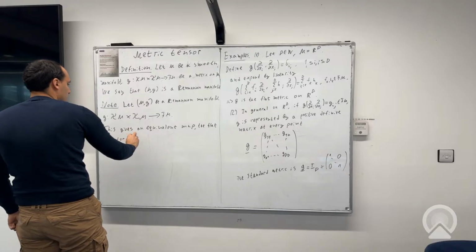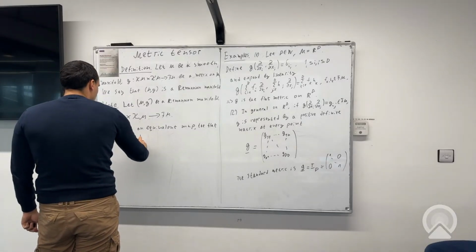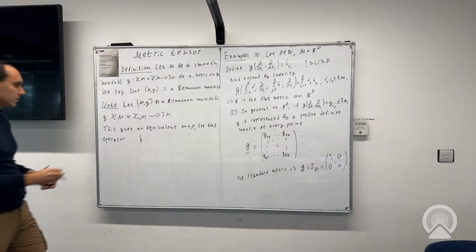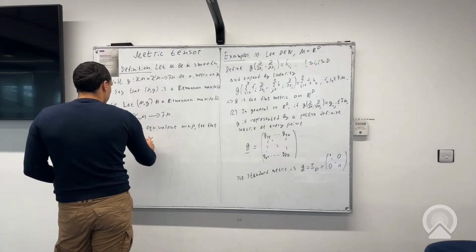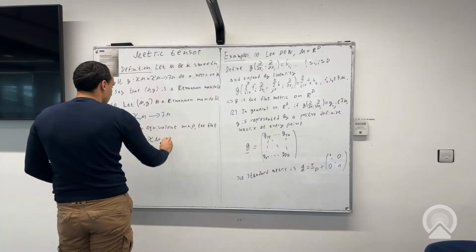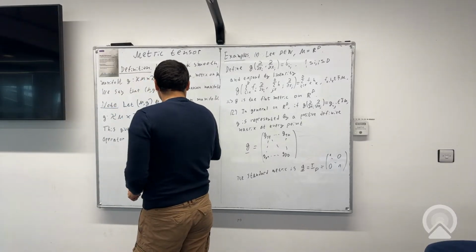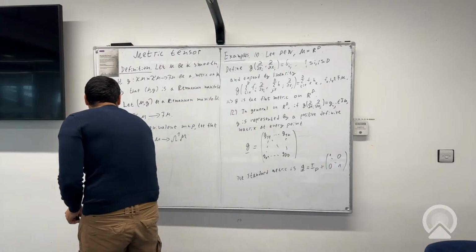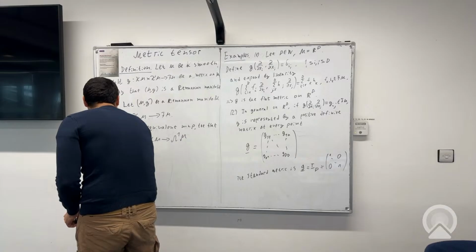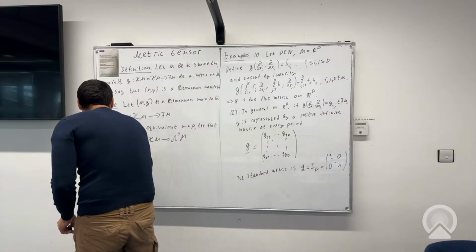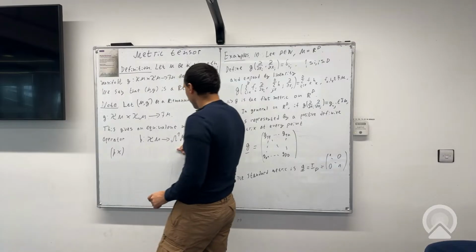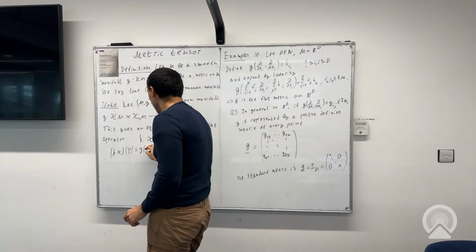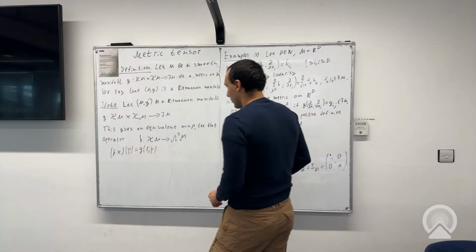So the flat operator is, I don't know why I write it very ugly, but it's flat. It's from X(M) to the dual, Omega^1(M). So the flat of x is a function on vector fields. It takes another vector field, and the result is just g of x y. This is the definition of the flat operator.